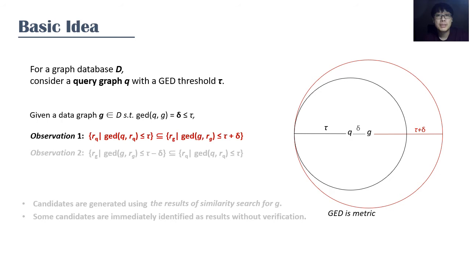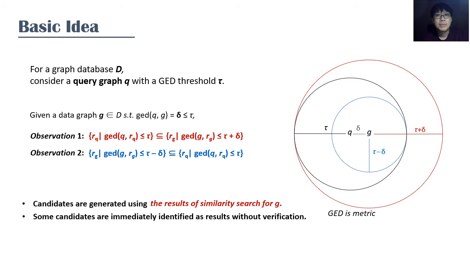our first observation is that the result space of the query is included in the red circle, which denotes the space for the graphs whose GED to the graph G is within tau plus delta. The second observation is that the result space of the query includes the blue circle, which is the space for the graphs whose GED to the graph G is within tau minus delta.